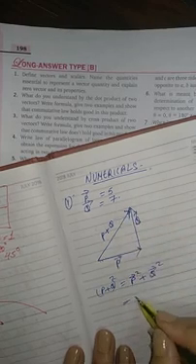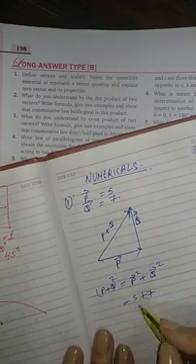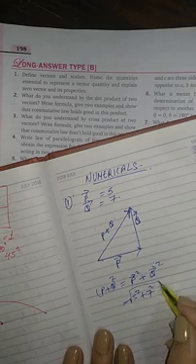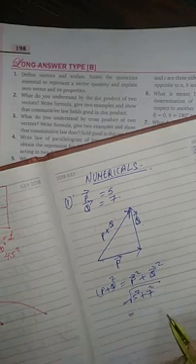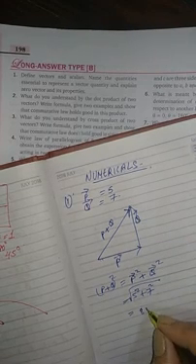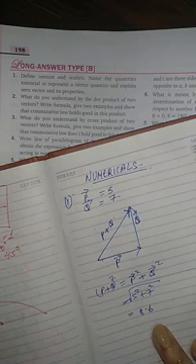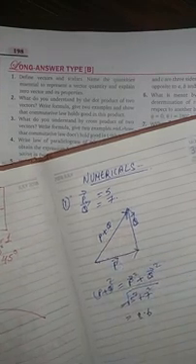P is 5, Q is 7, and removing the square, there will be an under root. So the square root of 5 square plus 7 square. Solve this, the answer will be 8.6. This is the magnitude in the case of P plus Q.